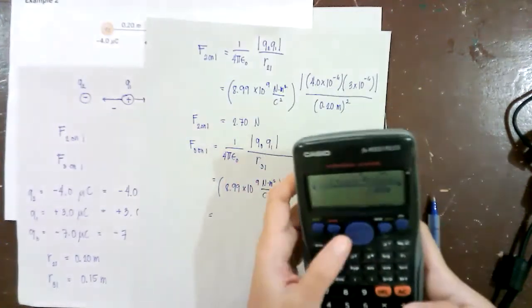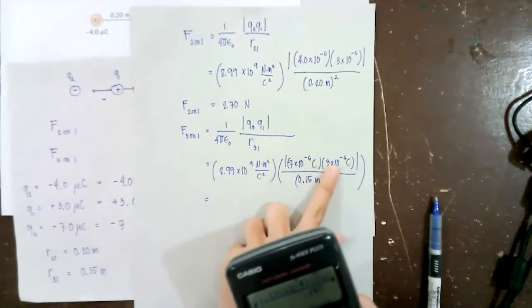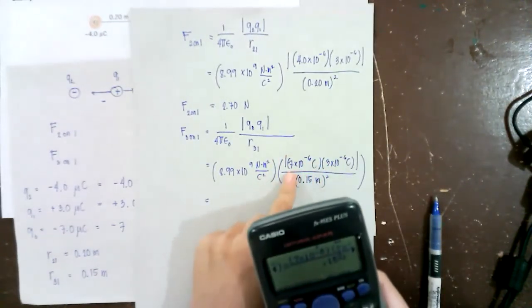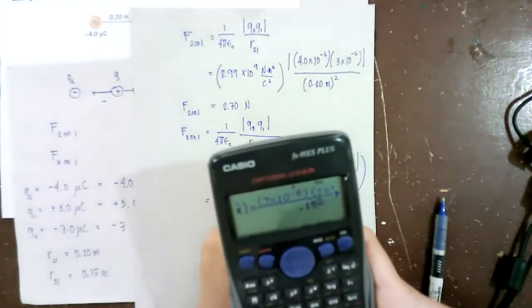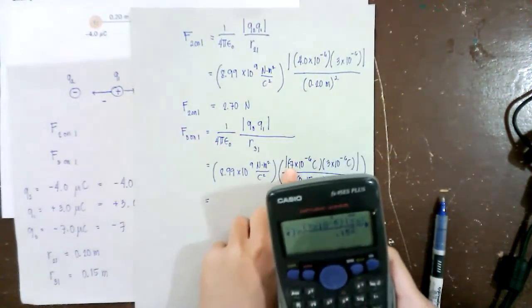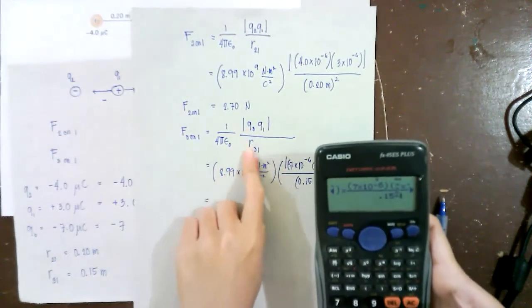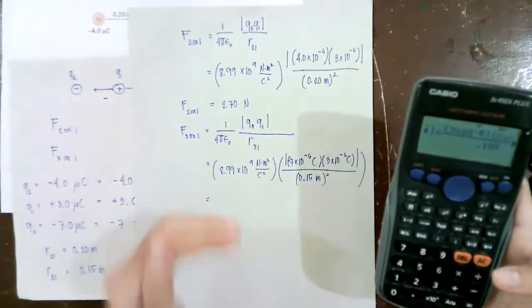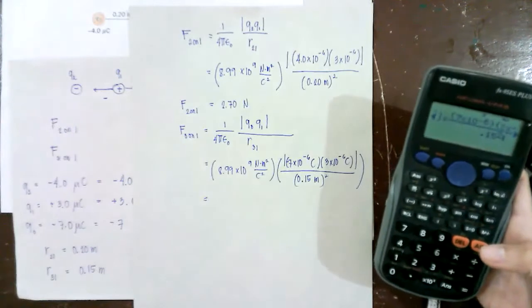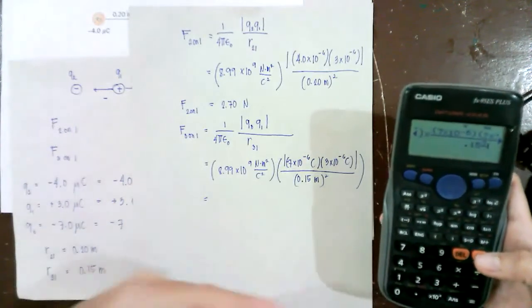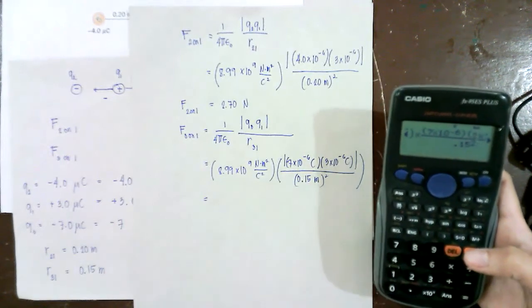So in plugging in the values of Q1 and Q3, I intentionally neglect the negative from the negative 7 here, because we are dealing with the absolute value. So the signs are not that important in getting the magnitude of the force. Basically, yung sign natin for the charges are only important if we are determining the direction.